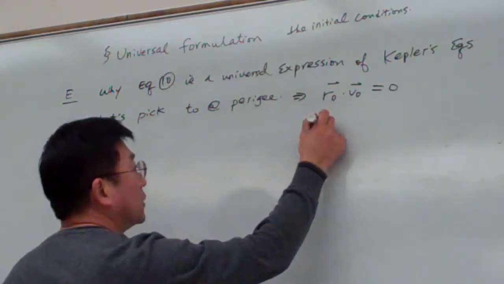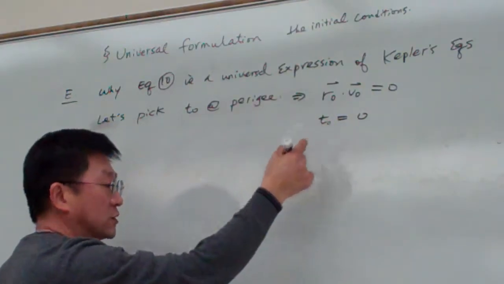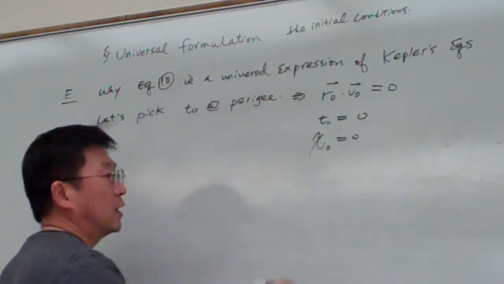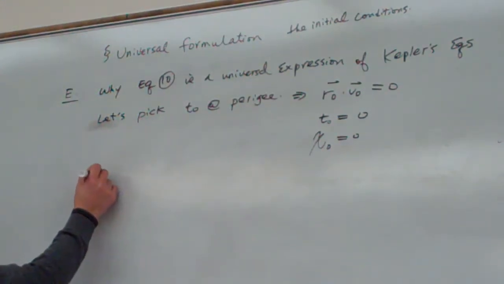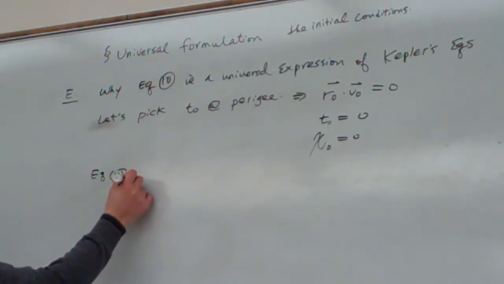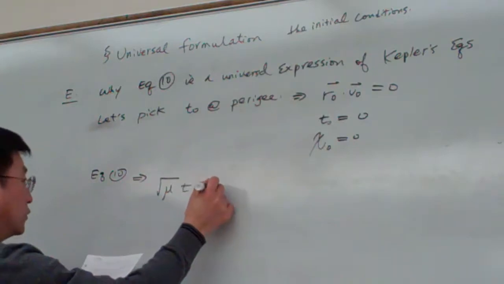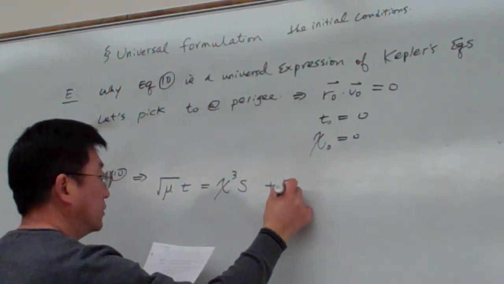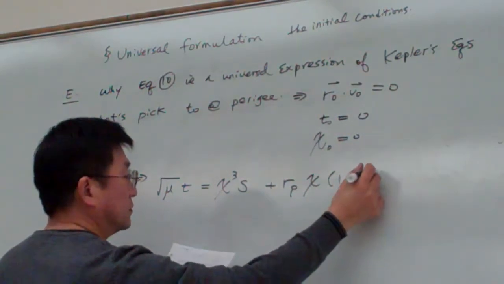Also at perigee, the initial time is 0, and we know c at that time equals 0. So in this way, equation 10 can be simplified as simply: mu t equals x^3 s plus rp x (1 minus ds).